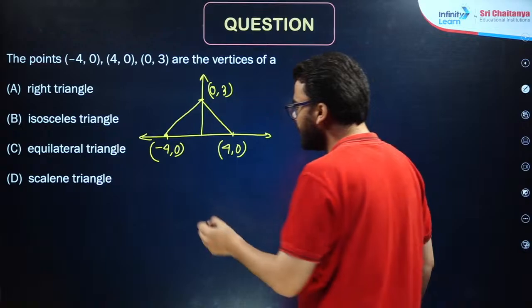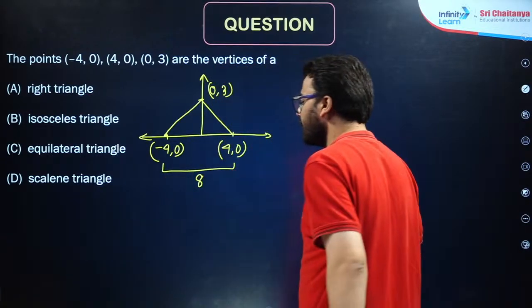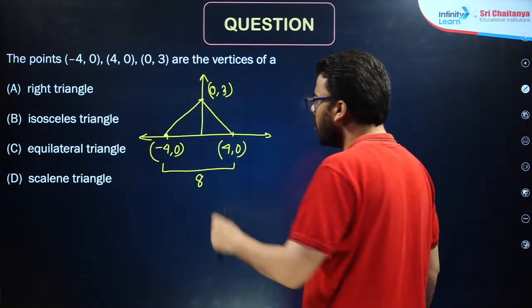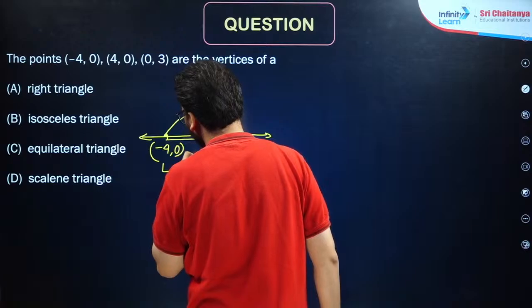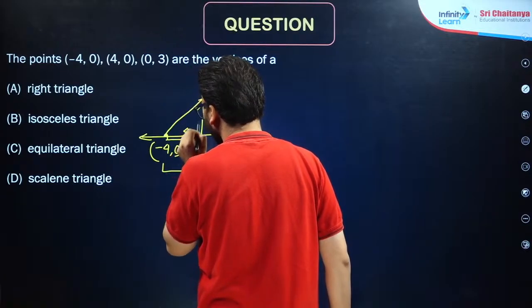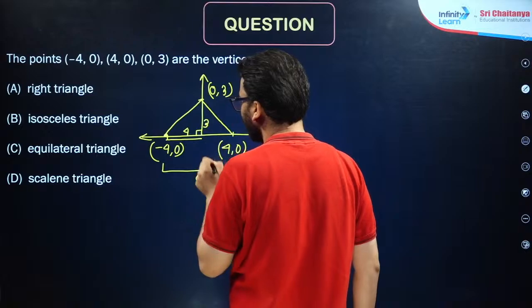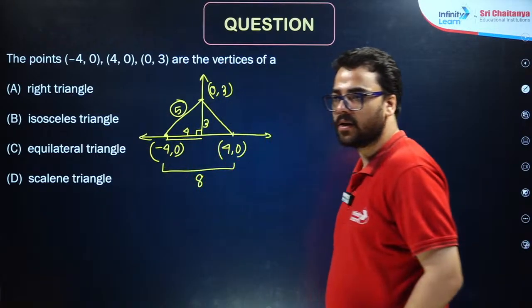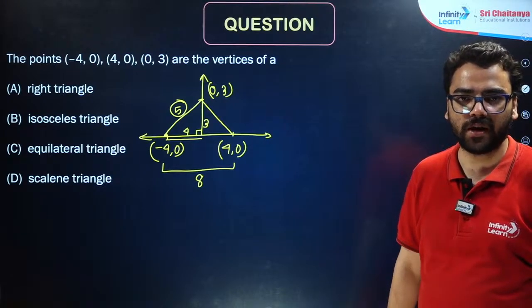So you see, the base over here is what? 4 plus 4, 8 units. Is that correct? Base is 8 units. Yes or no? And what about this distance? You see, this distance is 4 units only. This distance is 4 units. This distance is 3 units. So basically it's a right angle triangle. So can we not say that hypotenuse will be 5 units only? Using the Pythagorean theorem, I'm skipping some steps over here.